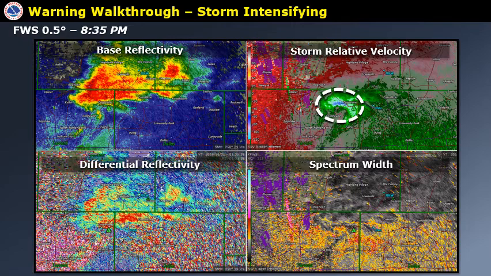One could argue that we see this organization manifest in the differential reflectivity field as smaller hydrometeors continue to be ejected away from the larger hydrometeors with a greater arc of differential reflectivity values as denoted in the ellipsed area. This ZDR arc can be seen stretching from areas near Grapevine over toward Carrollton.